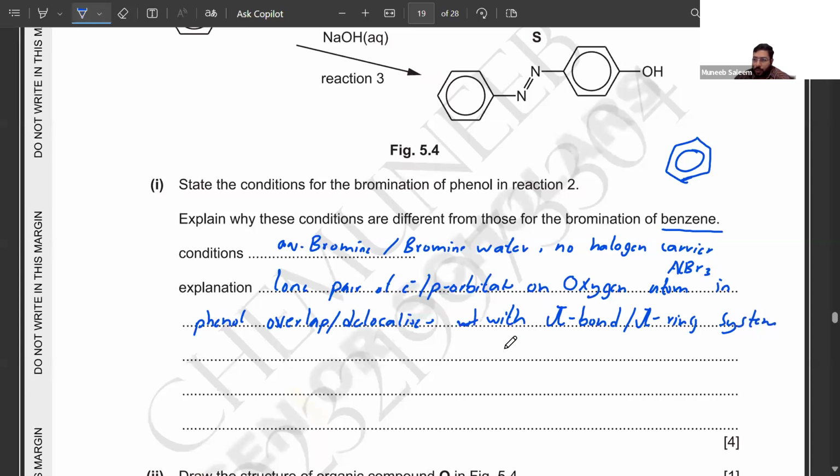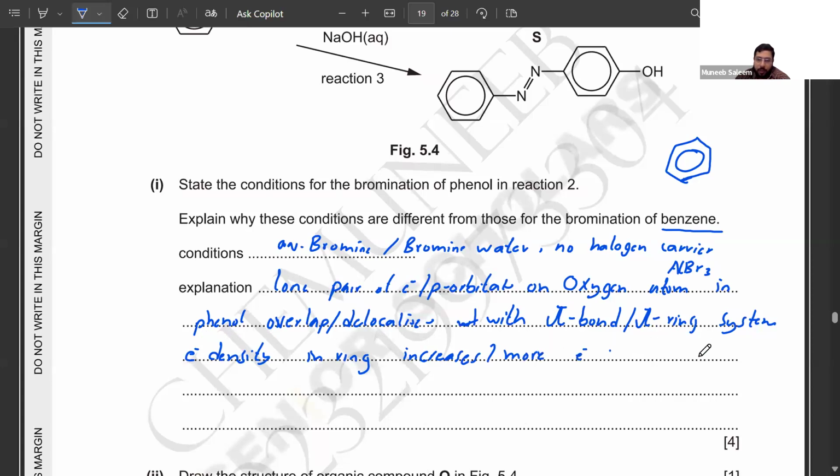Now, in case of that, it basically increases electron density in the ring in case of phenol. So phenol has increased electron density in the ring, or you can say it is a more electron rich system.